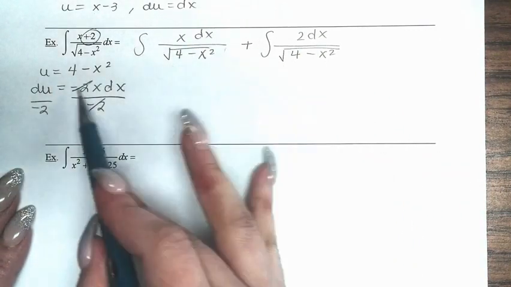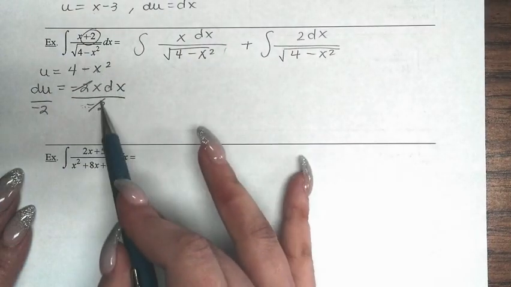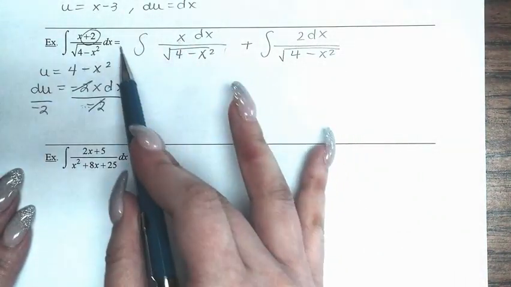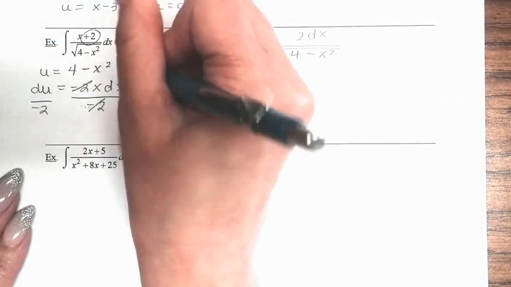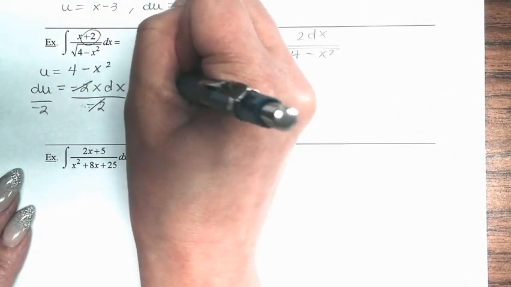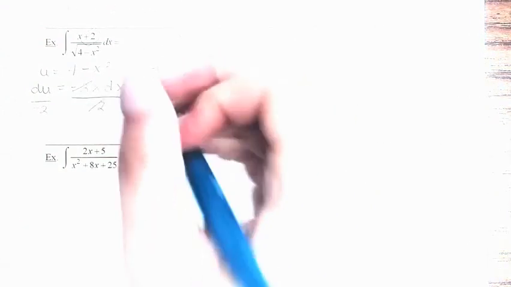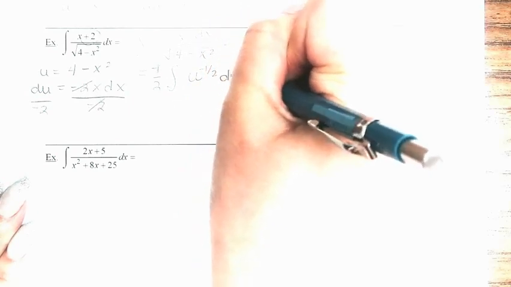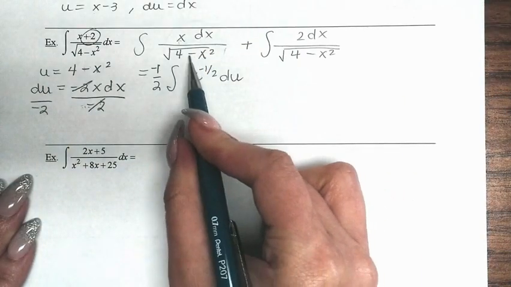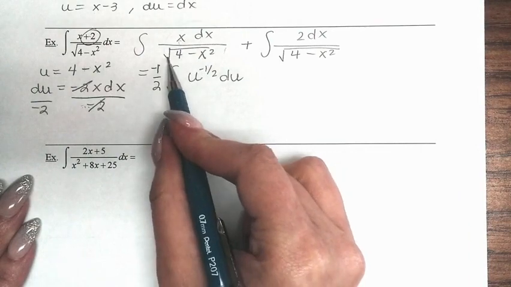Now this first one is going to work with the u substitution because I have the x. The only thing I need to complete is a negative 1/2 at the front. So this is the same as negative 1/2 times the integral of u to the negative 1/2 du, and it is negative because it's in the denominator.